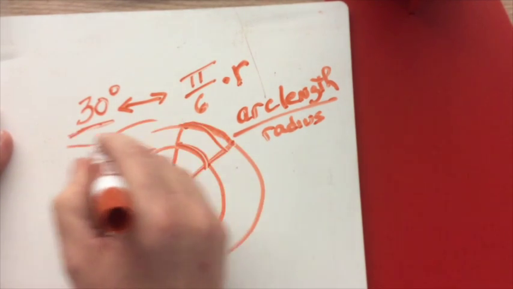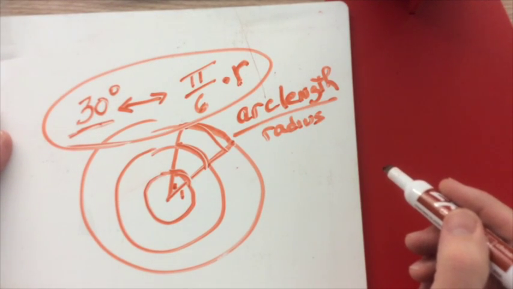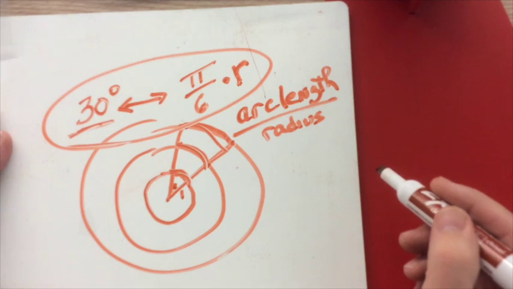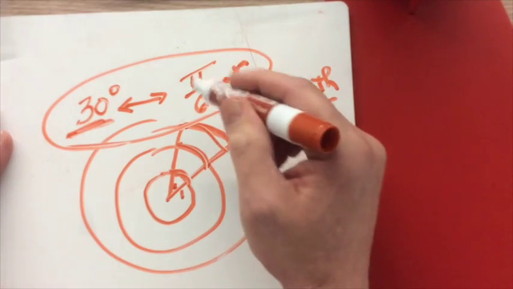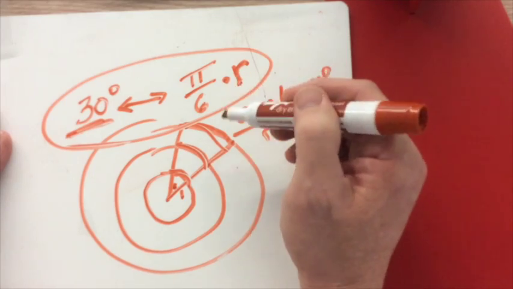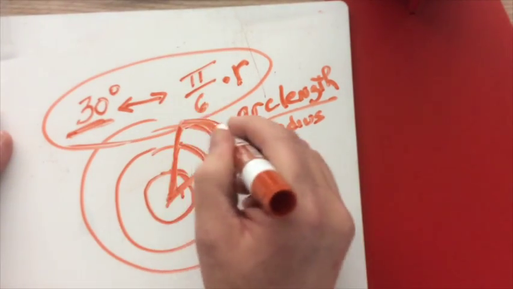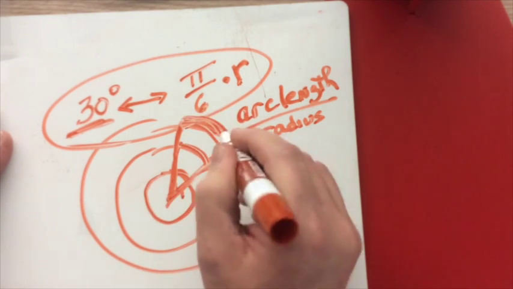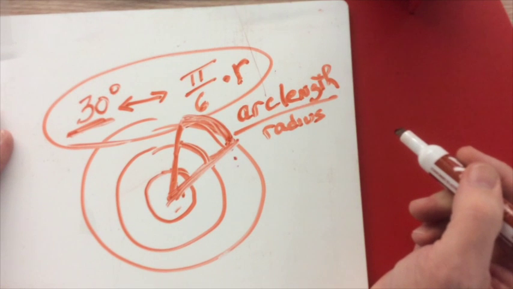I'm just talking about turning it around. No matter what, if it's a 30-degree angle, I can take pi over 6 and multiply it by the radius. If I already have a circle and I know the arc length, I can divide it by the radius, and it's going to be pi over 6.